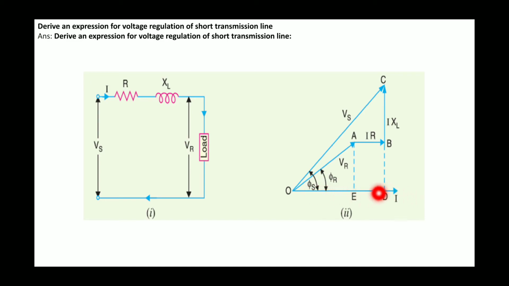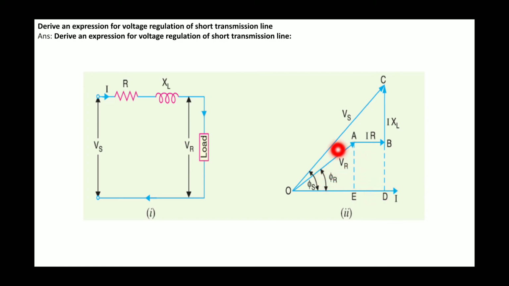Because of this reference current, the receiving end voltage leads by an angle phi r. Current is the reference, so the voltage leads. Suppose we use the voltage as the reference, the current will lag, but here we use the current as the reference, so the voltage leads.